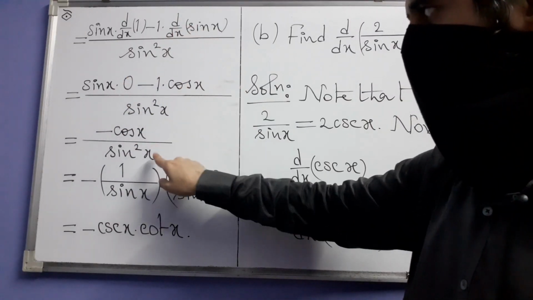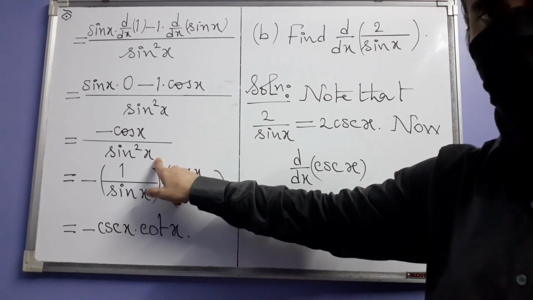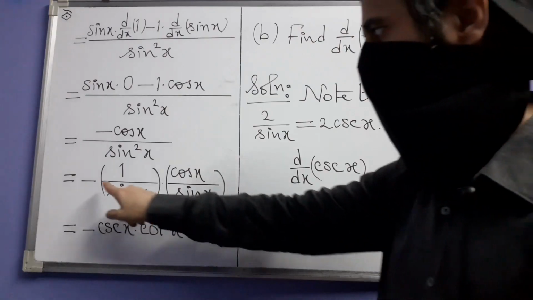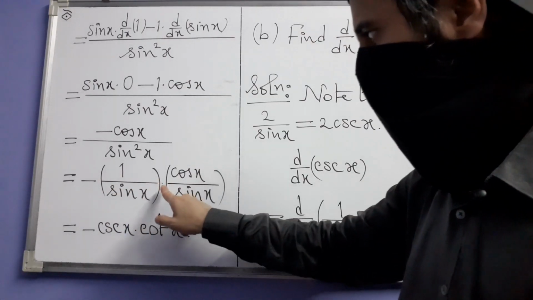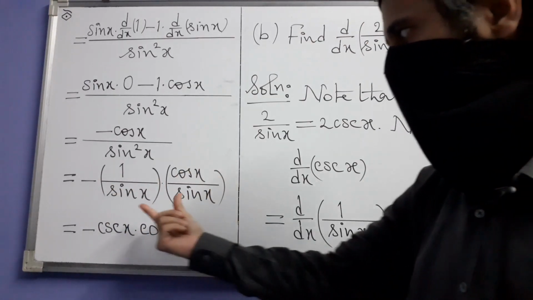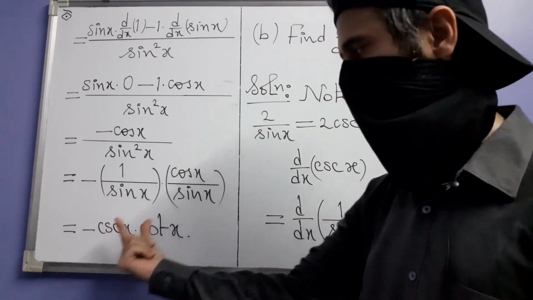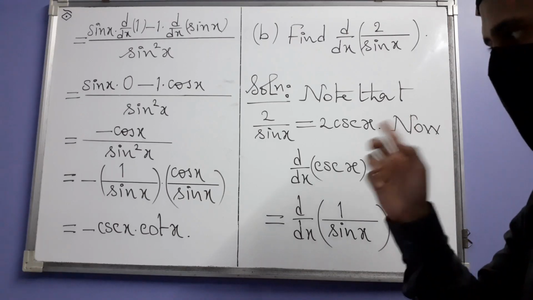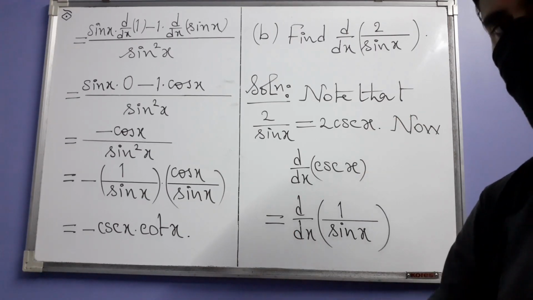So that way we get minus cos x divided by sin square x, which we can then write like this: minus 1 divided by sin x times cos x divided by sin x. This ratio is cosecant x and this ratio is cot x. So here also you see that observation is true in fact.